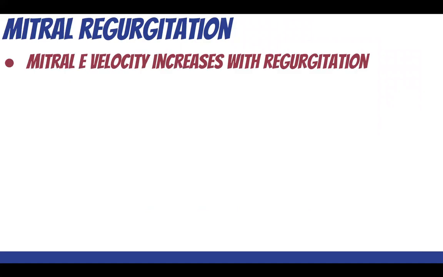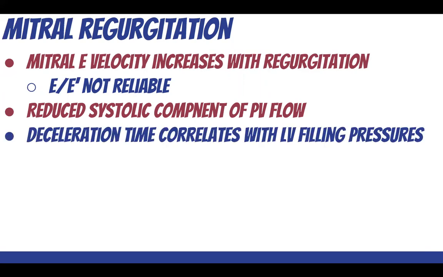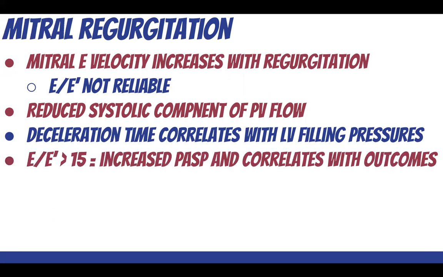A few words about problems with the valves. If you have mitral regurgitation, your E velocity increases with the rate of free regurgitation. This makes E to E prime not 100% reliable. The systolic component of the pulmonary vein flow will be reduced. Deceleration time seems to correlate nicely with LV filling pressure, so you can still use the deceleration time. E to E prime is not 100% reliable, but if it's more than 15, that's good enough.